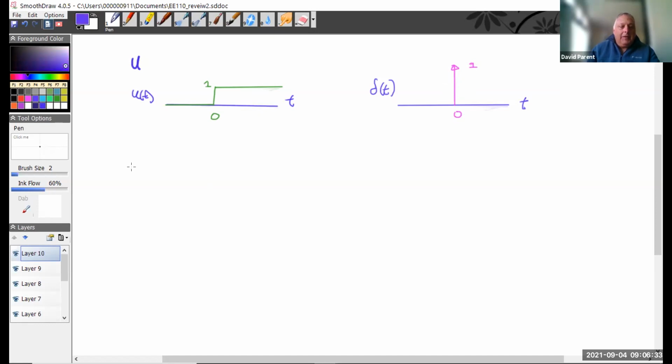Then we have e to the minus t. So, you know, minus 1, minus 2, and see how it's always on.